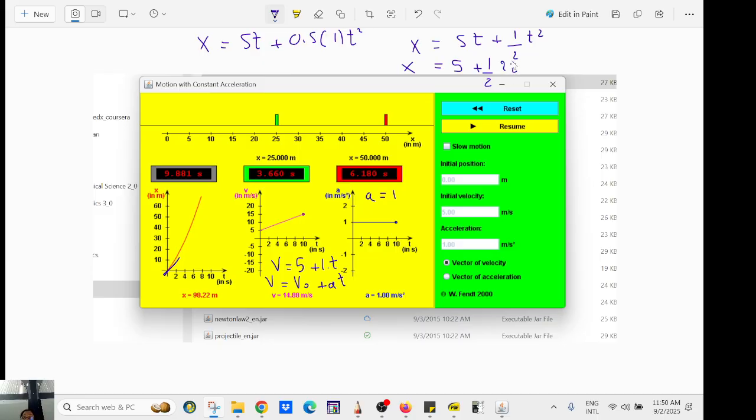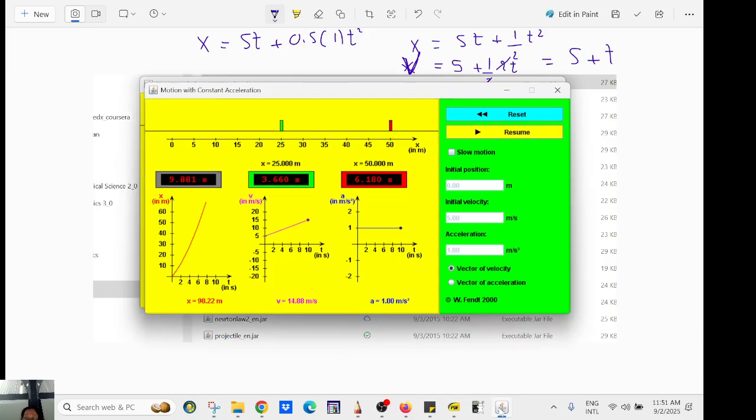Very good, excellent. And we have 5 plus t. Okay, so that will be the velocity. It's just to make sure that you take the derivative, you get the velocity as a function of time. That's the definition of a parabola. So anyway, don't worry, we're going to get to that. That's just an introduction.